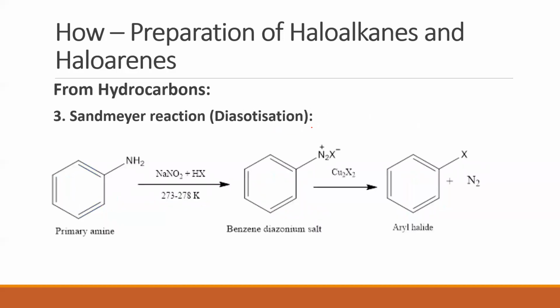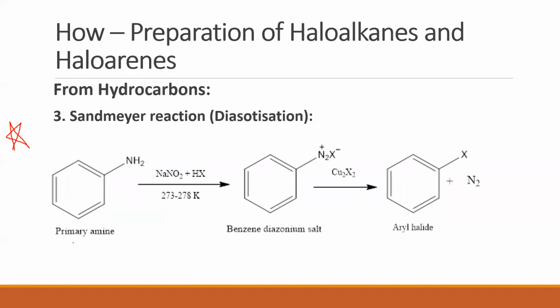Coming to the third reaction, this is a very, very important reaction. Name reaction, Sandmeyer reaction, or it's also called diazotization reaction. Now let us understand what's happening in this reaction.